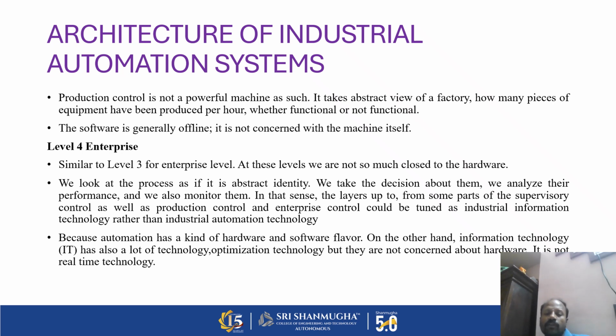At this level, we are not so close to the hardware. We look at the process as an abstract entity, take decisions about it, analyze its performance, and also monitor it.